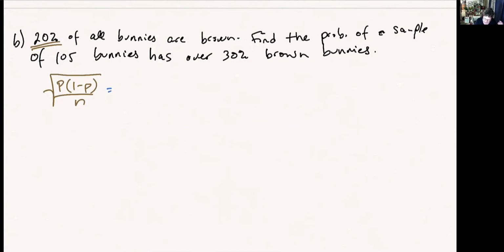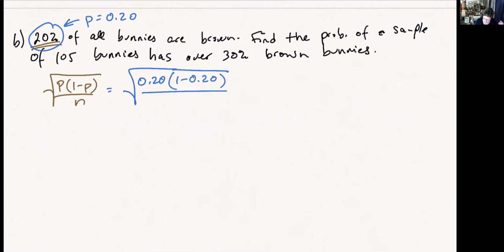Okay, so 20% of all the bunnies are brown, which tells me that p equals 0.20. So I have the square root of 0.20 times 1 minus 0.20 all over my sample, which is 105. Now remember how we put this in our calculator. We have to be very careful.